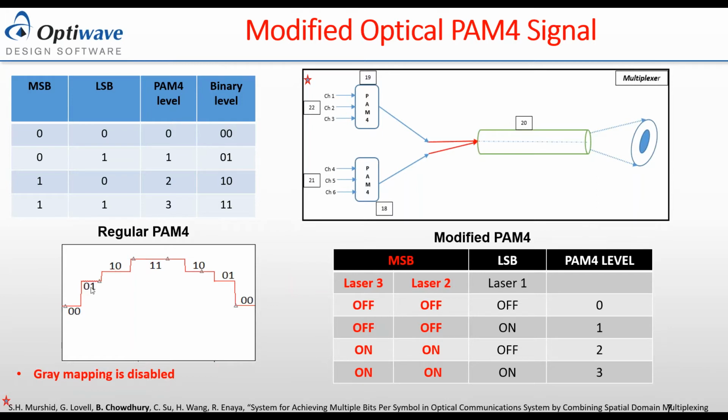In the third case, if my most significant bit is on and my least significant bit is off, then my level 2 is there, which will correspond to a binary level 1, 0, as shown by the third level in the PAM4 signal. And when both of them are on, then what will we get? We'll get a PAM4 level 1, 1, which will correspond to the PAM4 level 3 over there.